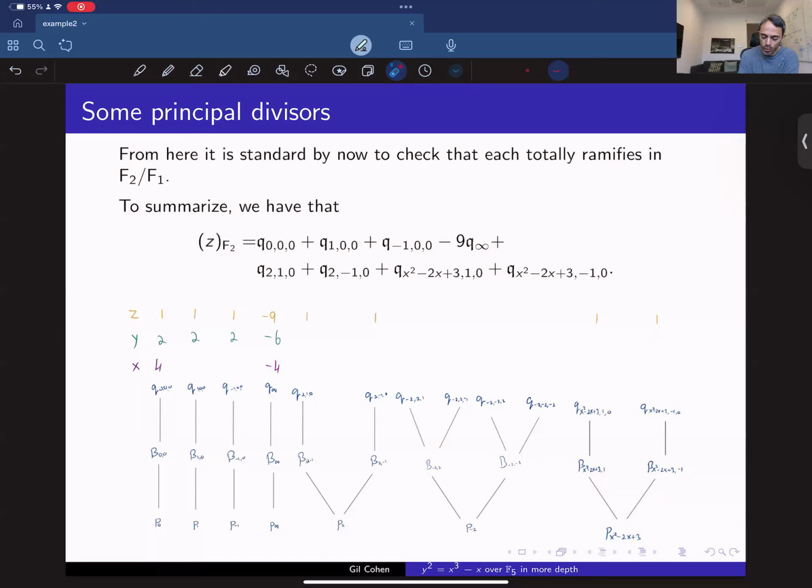And what I will leave you to show, but that's kind of the same as what we did all the time, is that above each of them, you have a totally ramified place. But you kind of know that because once you have a 1 here, you will get a 0 afterwards, right? So that's what happens all the time with complete ramification. And also with -1s, you get a 0.